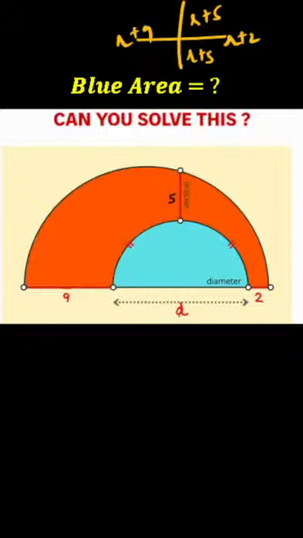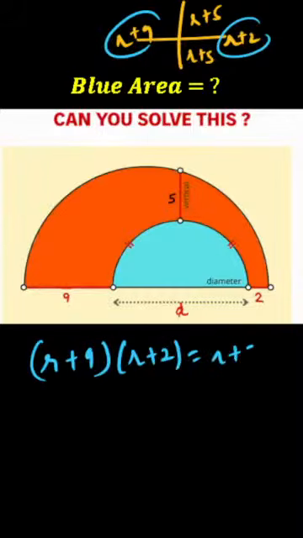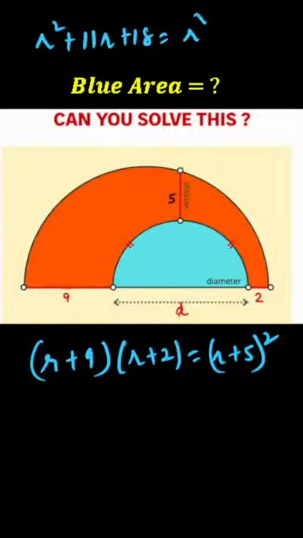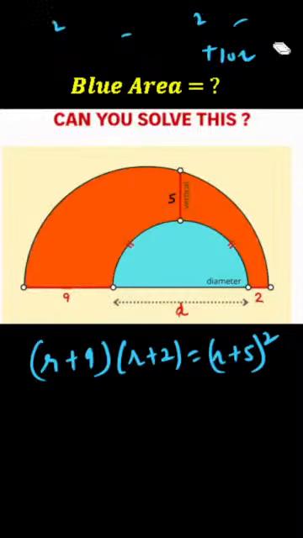The product of the segments are equal. So r plus 9 into r plus 2 is equal to r plus 5 into r plus 5, or r plus 5 whole square. Now if you expand this, you get r square plus 11r plus 18 equal to r square plus 25 plus 10r. R square will get cancelled out, and you will get r as 7.